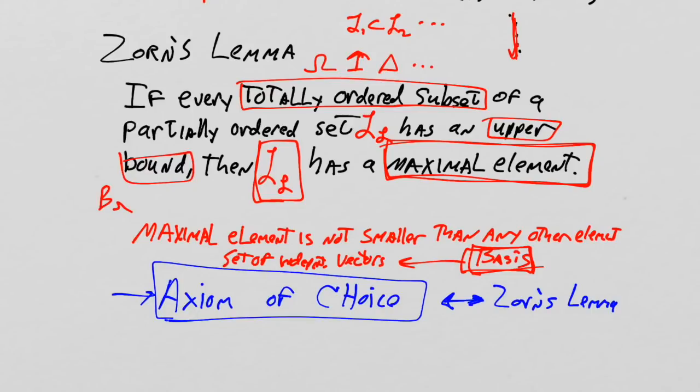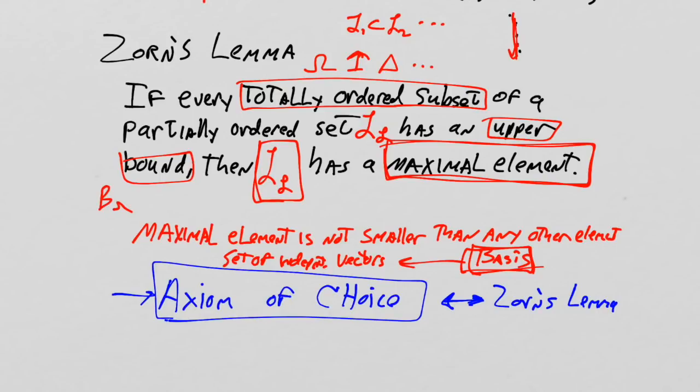It's basically saying that if you have a collection of sets, you can select one element from every set, no matter what, as long as they're all non-empty, presumably. So that's an easy axiom to understand. Getting from the axiom of choice to Zorn's lemma is a pretty good exercise in logic and set theory.